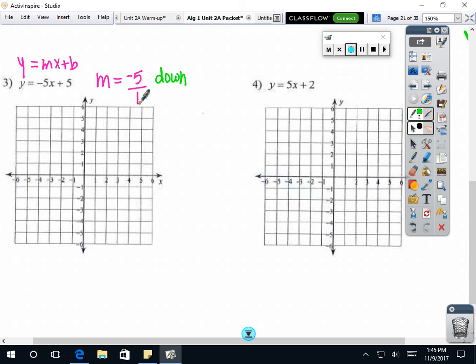Run will move you left and right. In this case, it's going to move you right because positive is right. But before we even do anything with that, we have to have our starting point, which is called the y-intercept, and it is at 5. So you go up to +5, plot your y-intercept, and then from there to get to your next point, down 5, right 1. And then you have room to do it again. Down 5, right 1.